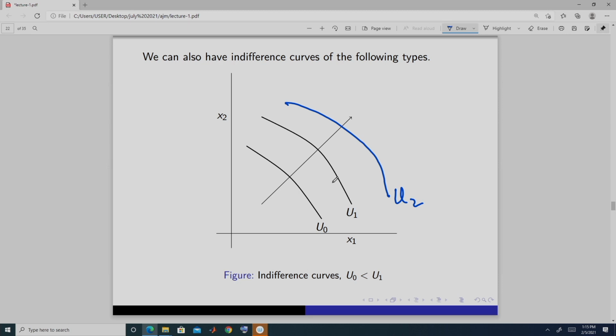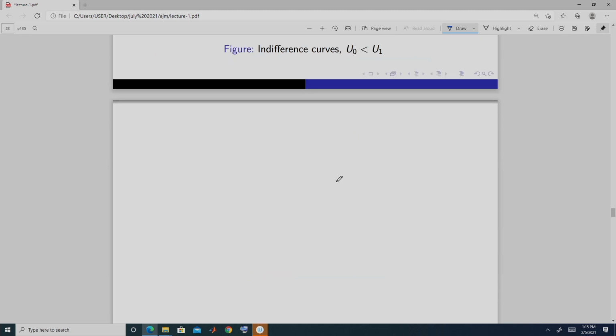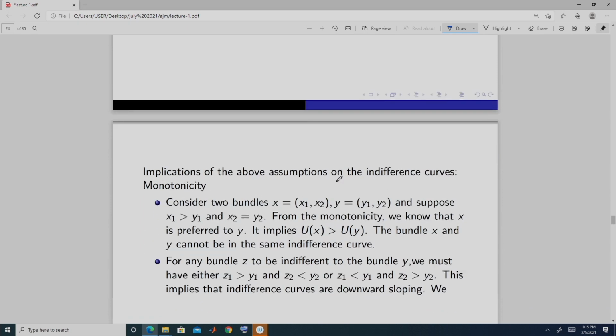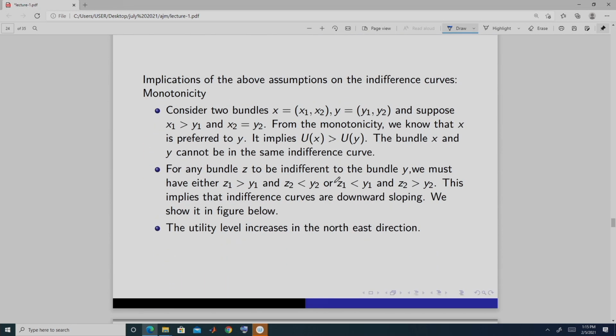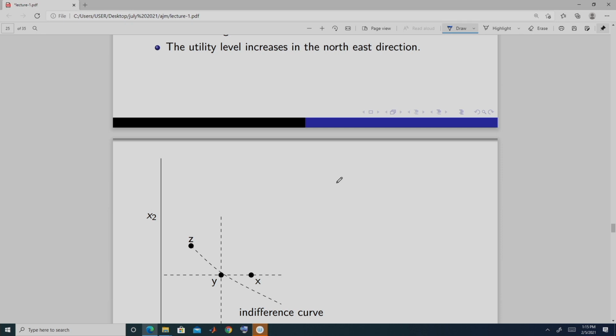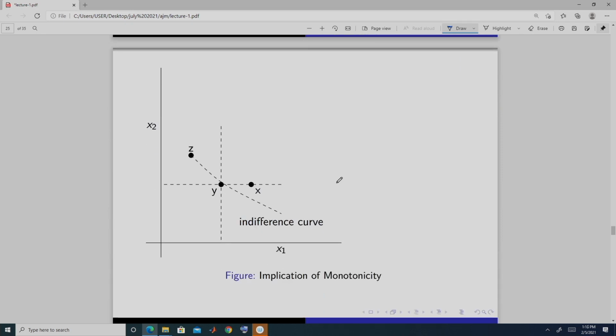So what will we do now? We need some further assumptions, and before moving to further assumptions, we will see the implications of the two assumptions that we have made, monotonicity and transitivity. What is the implication of these assumptions? First, monotonicity. Suppose we are given 3 bundles x, y, z.